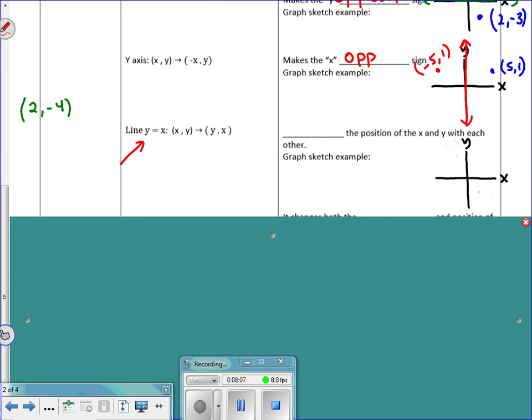Now we're moving on to reflecting across y equals x. Okay, so we have y equals x. Cool. So we need to know how to draw y equals x. This is an Algebra 1 concept, and a lot of students come in and they don't know it. And you're just going to have to memorize that that's y equals x. Basically, you go up 1, over 1, put down a point.